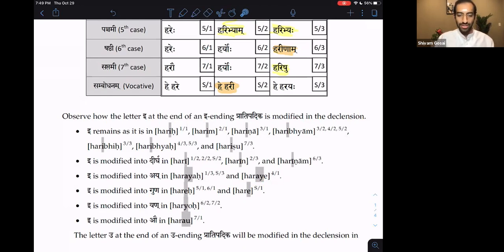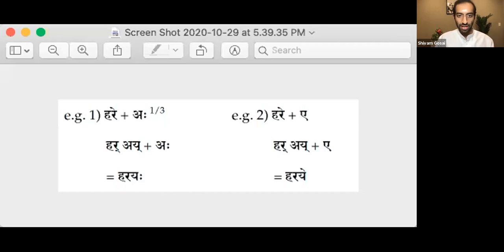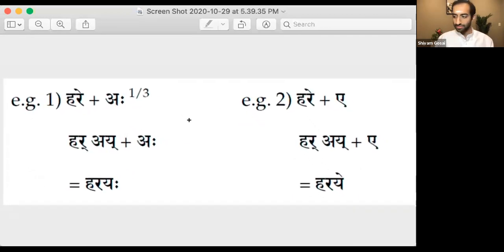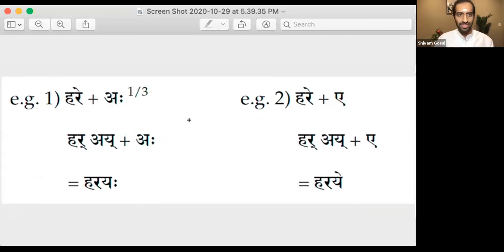What I want to show you is this. So here's one reason why it becomes I. Let me make that bigger. I hope you can see that clear enough. Hari becomes Hare first because of a sutra again. 1-3 becomes, you add that aha, and then you get ayavayava sandhi.